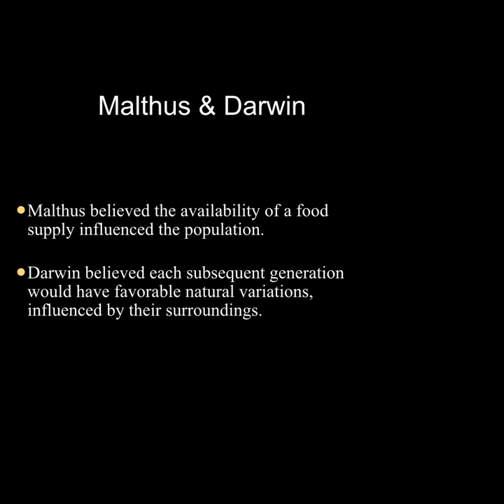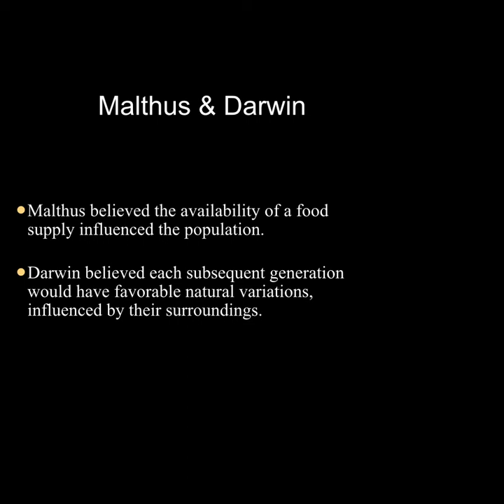Again, Malthus and Darwin. Malthus was of great influence. He believed that food supply influenced the population or the availability. And then Darwin believed that each subsequent generation would have favorable variations influenced by their surroundings. If they didn't have these favorable variations, they would slowly start to die out.